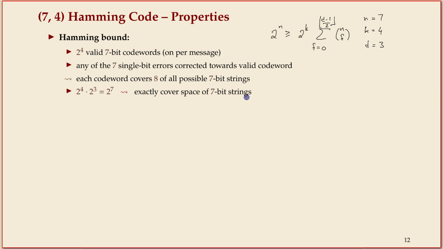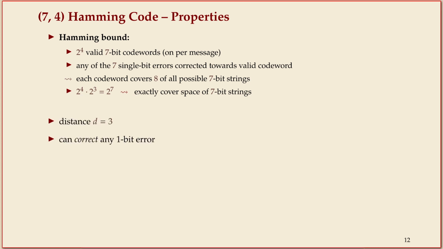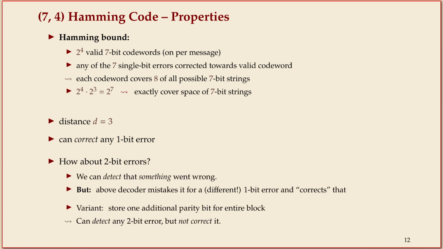So you exactly cover the space of 7-bit strings with your balls. That's the tight case. It often doesn't work out like this if you have other parameters. But here it does. And we can correct 1-bit errors, as we've seen.